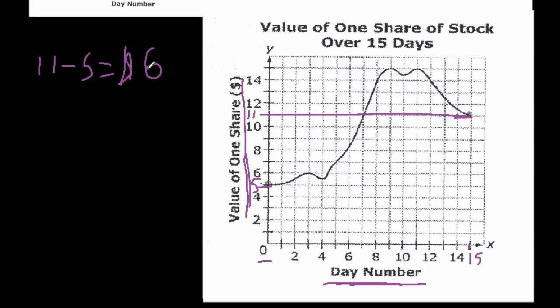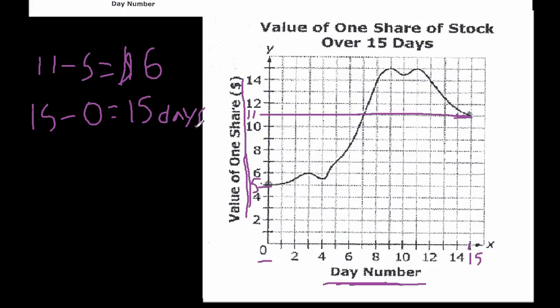How long did it take us to make that money? From 0 to 15. 15 minus 0, that was 15 days. So this should hopefully sound familiar, this process.